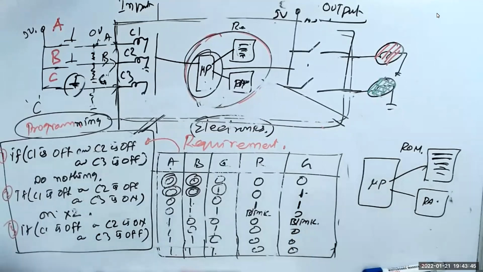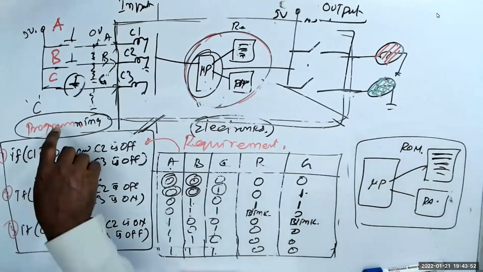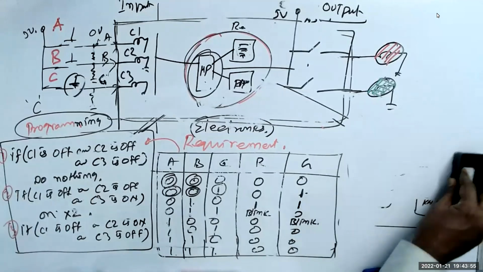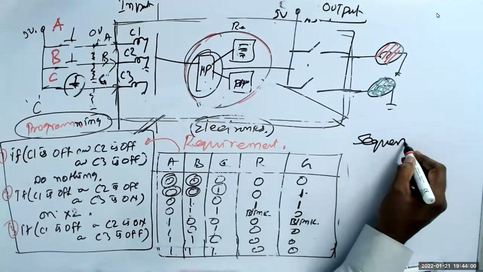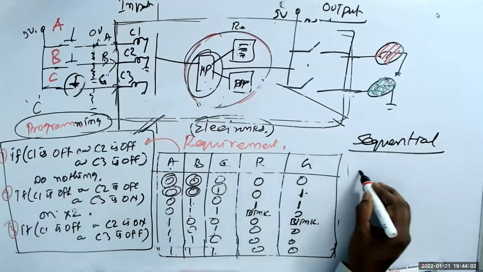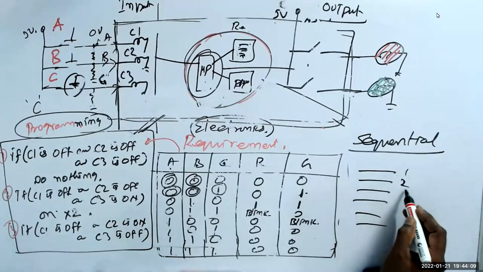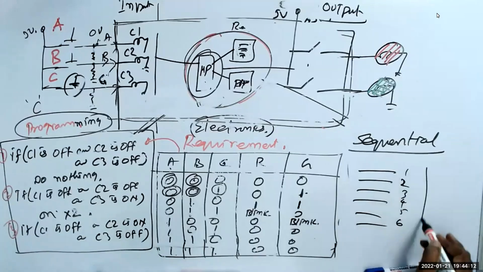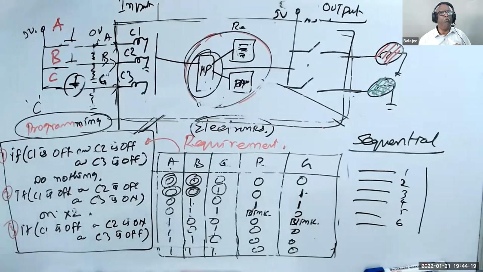Do you know the meaning of programming? Understand the word program. Program means sequential. Anything you do sequentially, one by one, is called a program. That's why we call it programming. The microprocessor will do all the instructions one by one. It cannot do anything in parallel. It can do only one by one.